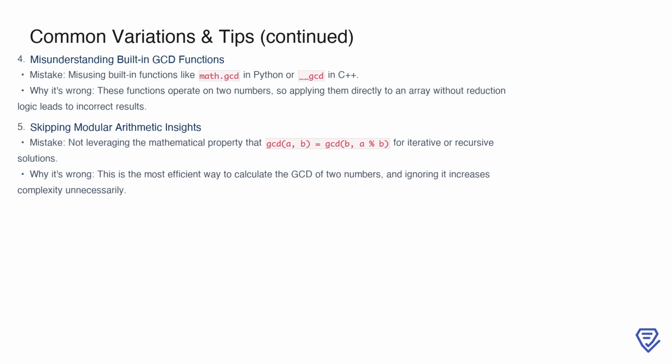A fundamental property of the GCD is that GCD(a, b) equals GCD(b, a % b). This property forms the basis of the Euclidean algorithm, which is the most efficient way to compute the GCD of two numbers. Ignoring this property often leads to unnecessarily complex or inefficient solutions. By understanding and correctly applying these concepts, you can ensure both clarity and efficiency in your approach.